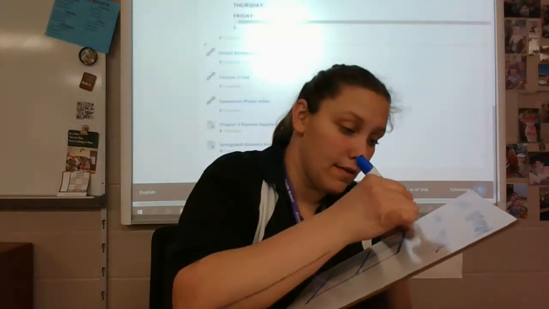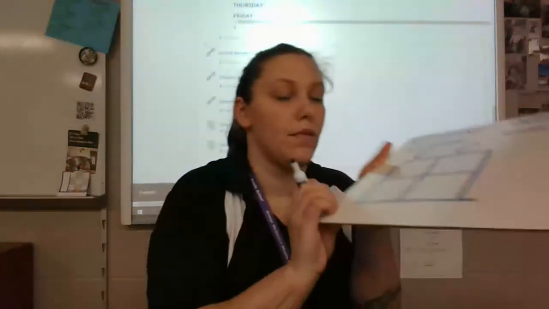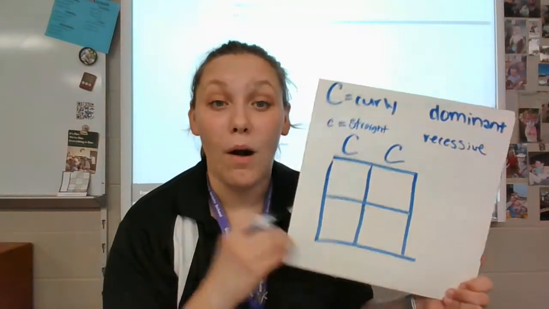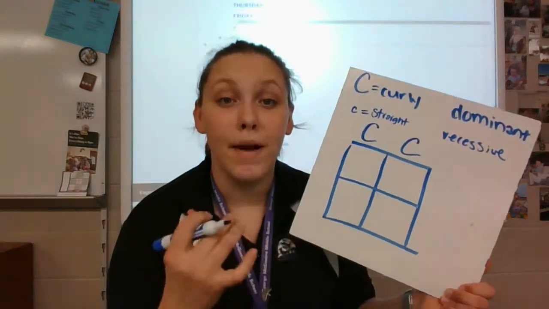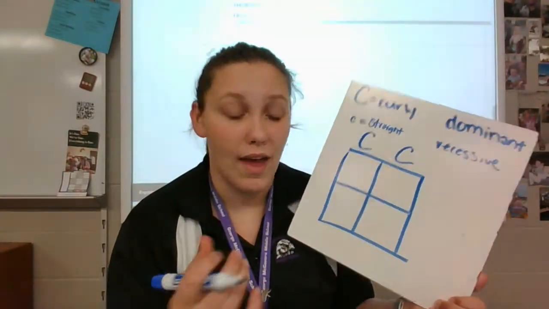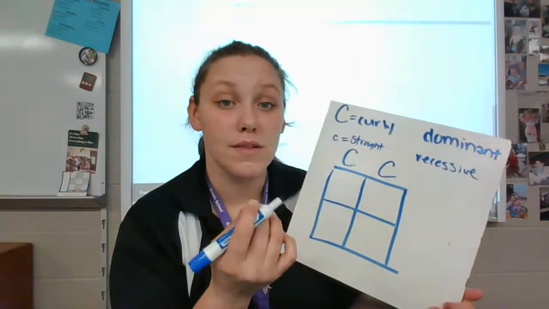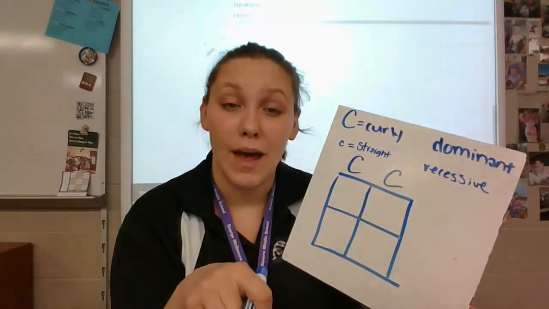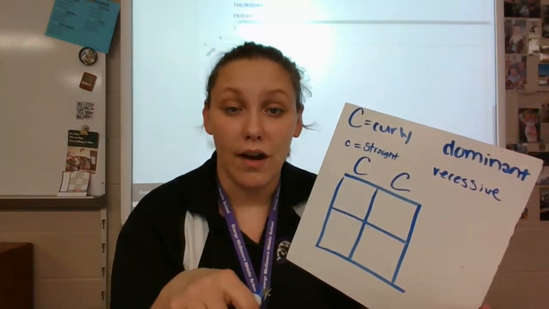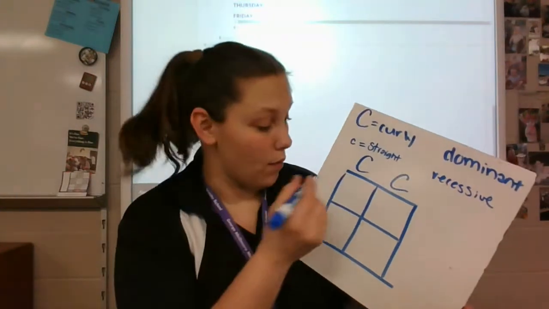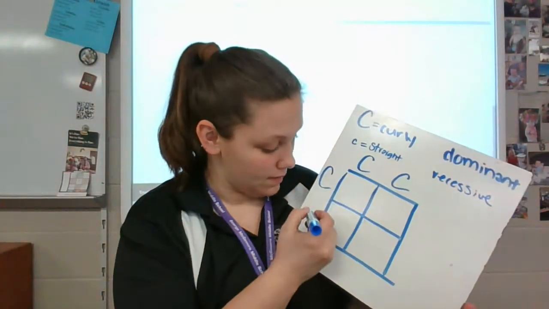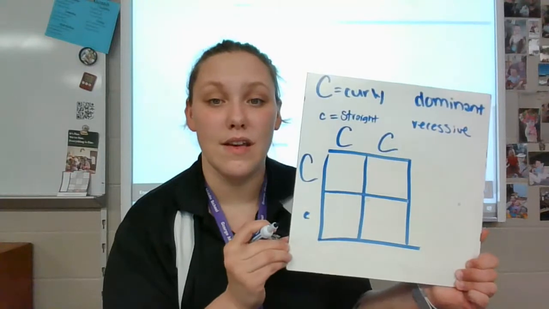So he's going to have two capital C's. We're going to say mom also has curly hair, but she is heterozygous for that. So instead of being homozygous, which means two of the same, two capital, since mom has curly hair and since she's heterozygous for it, we're going to put one capital C and one lowercase c.